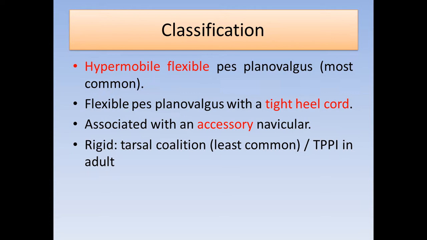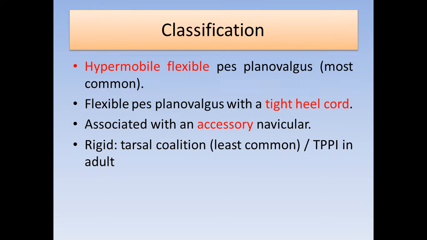Flat foot in children starts with hypermobile flat foot just due to ligamentous laxity, and ligamentous laxity with tight Achilles tendon, or rigid flat foot, where some of the bones unite together in some way. So it is called tarsal coalition. And in between there is a gray zone called the accessory navicular.